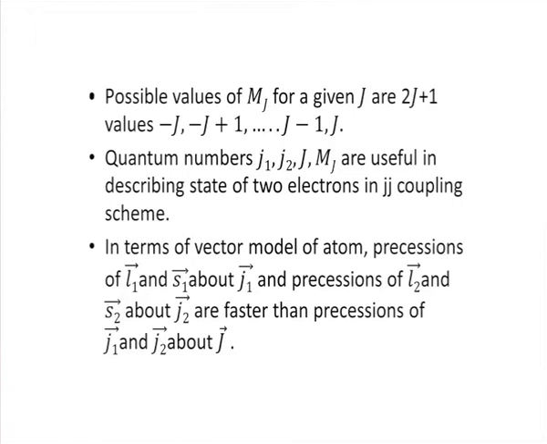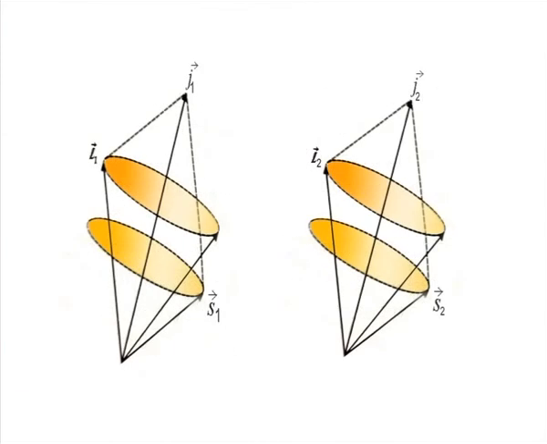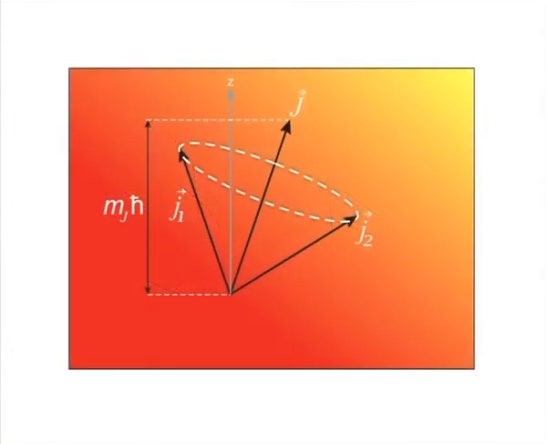In terms of vector model of atom, precession of L1 and S1 about J1 and precession of L2 and S2 about J2 are faster than precession of J1 and J2 about J. L1 and S1 are combining to give J1, L2 and S2 are combining to give J2, and then again J1 and J2 are combining to give capital J, and the capital J is space quantized in the sense that its projection on z axis is Mj h bar, and Mj h bar cannot take all possible values.